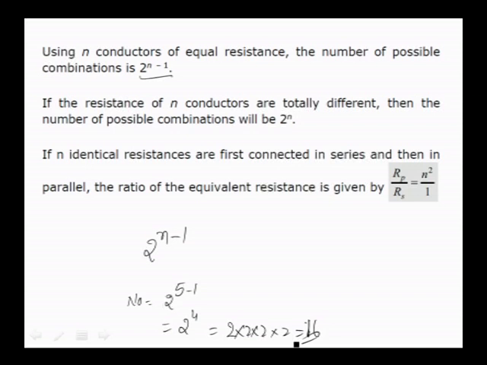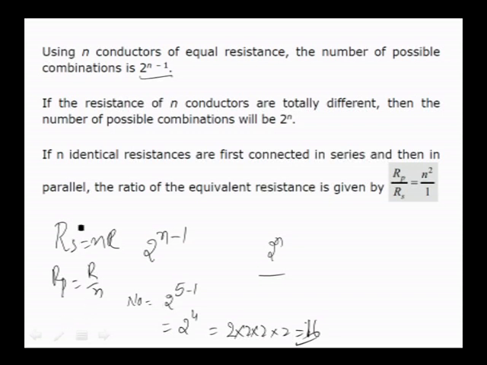The second one: if the n resistors are totally different, not identical, then the formula is 2 power n. If n identical resistors are first connected in series, then connected in parallel, the effective resistance in series is nR and in parallel is R by n.